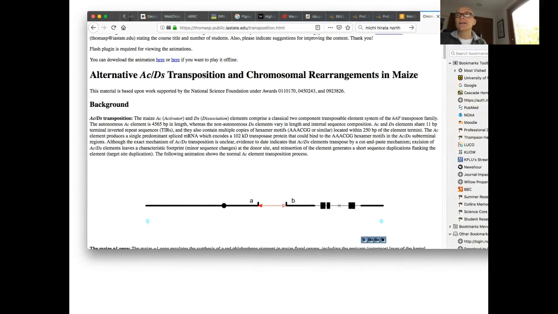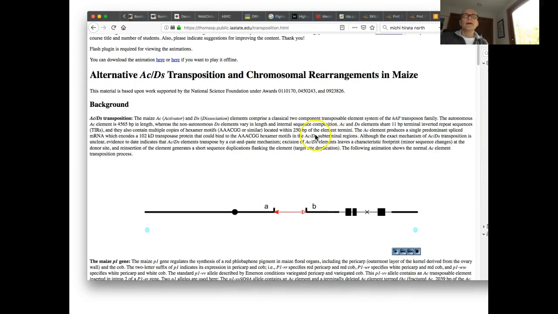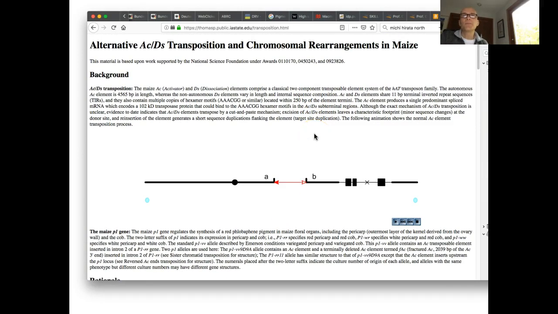So here's the website that I mentioned. Let me give you a little bit of context. These people that put this website together are researchers, transposon researchers. And over the years, many, many years, they have sequenced many different individuals. I think this is mostly done in corn.